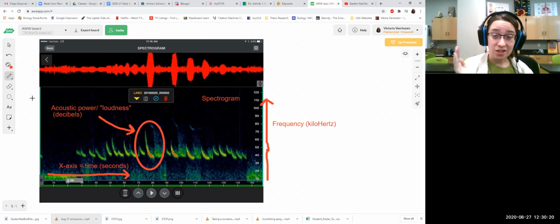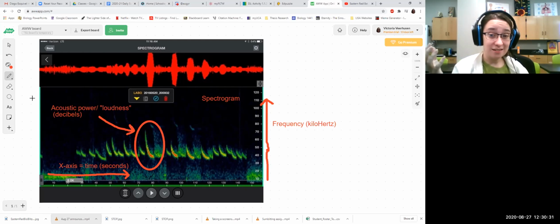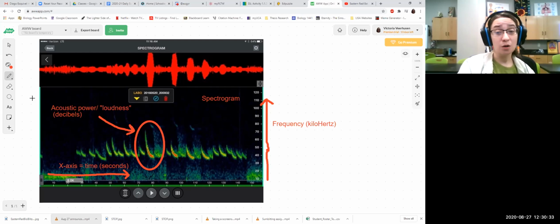And since their ranges don't overlap, I'm using the eastern red bat call as a possible indicator of the presence of that species. So I'm pretty excited that I got this.